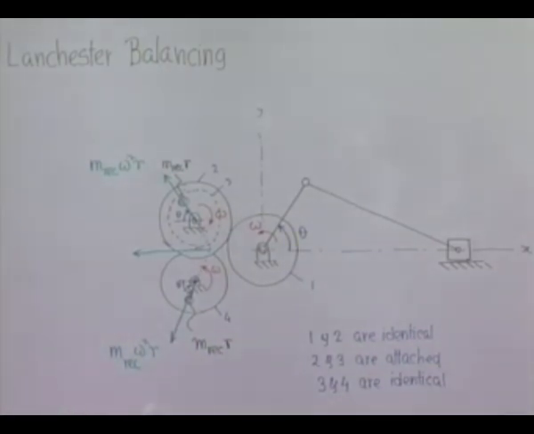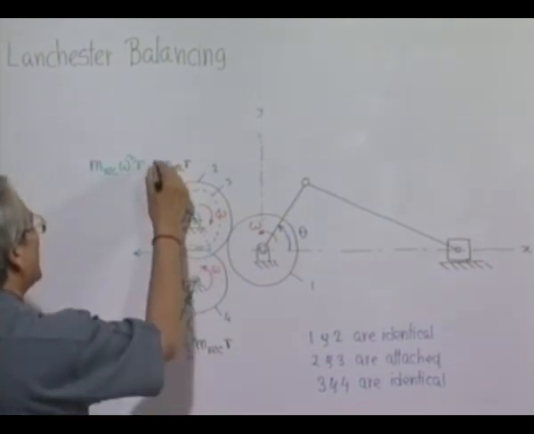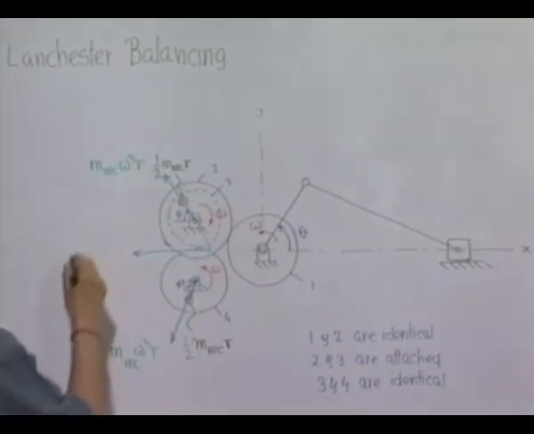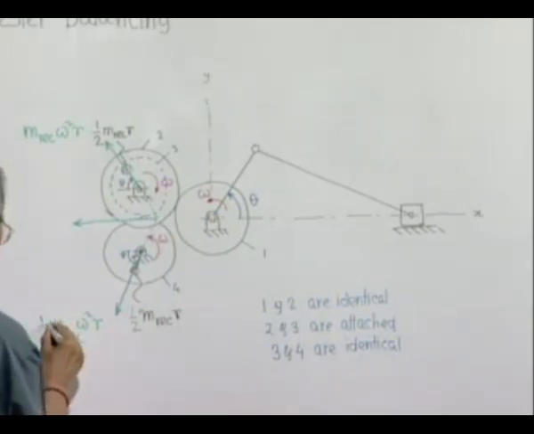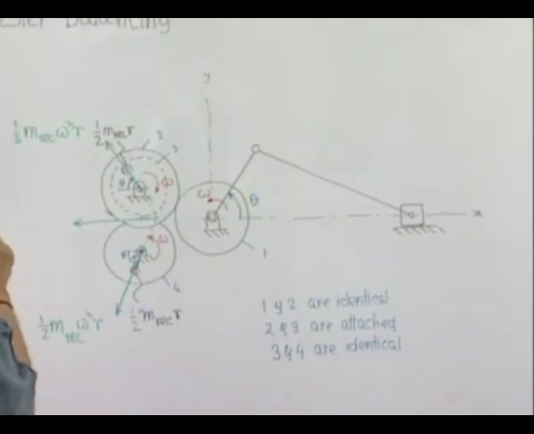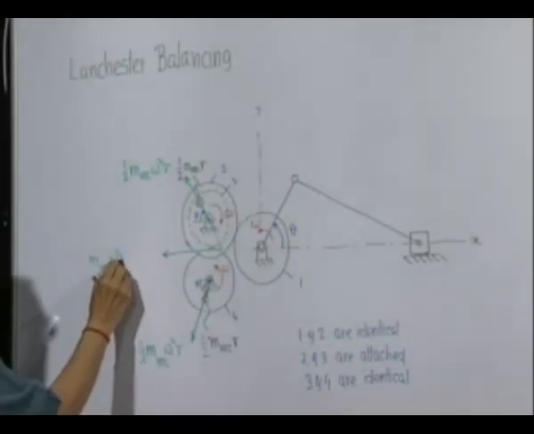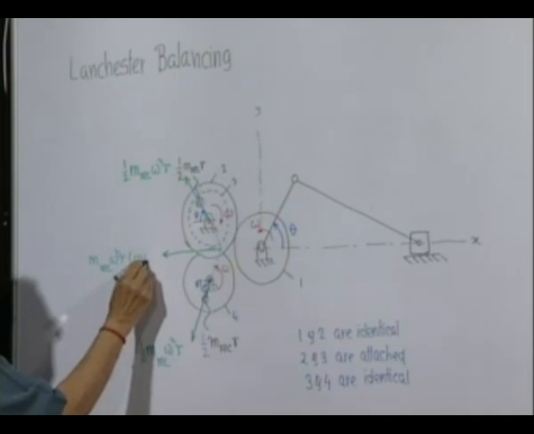Sorry, I am sorry, it should be half. Then the resultant will be M reciprocating omega square r cosine theta.